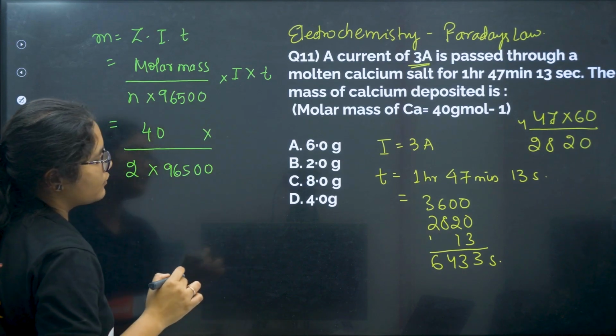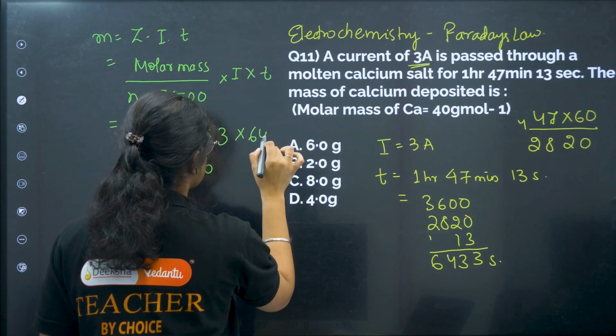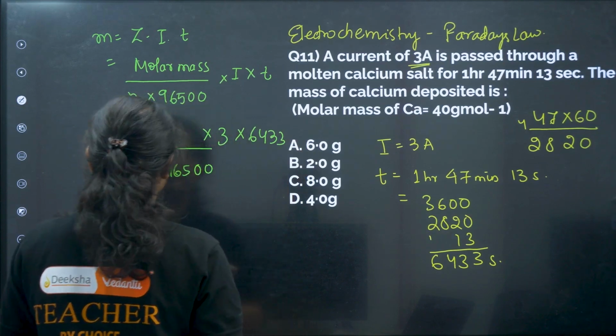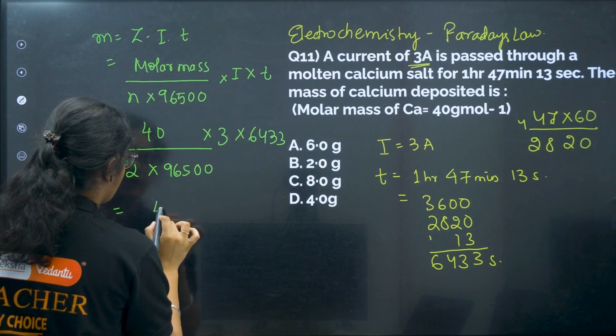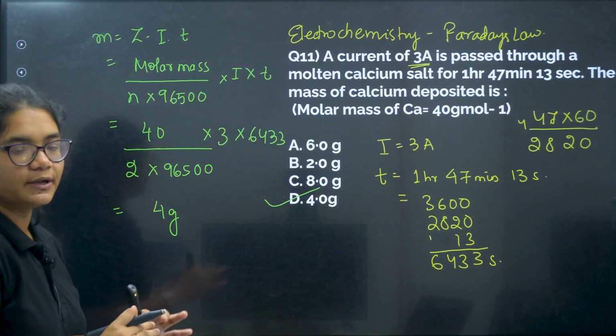Current is 3 ampere and time is 6433 seconds. If you solve this, you will get around 4 grams. So the correct answer for this question will be option number D.